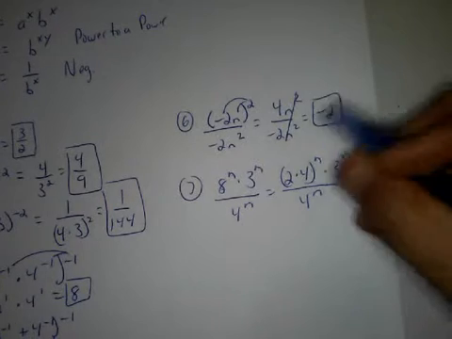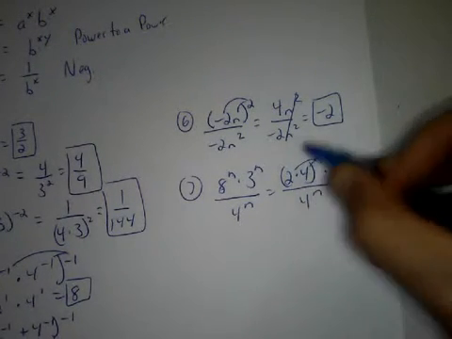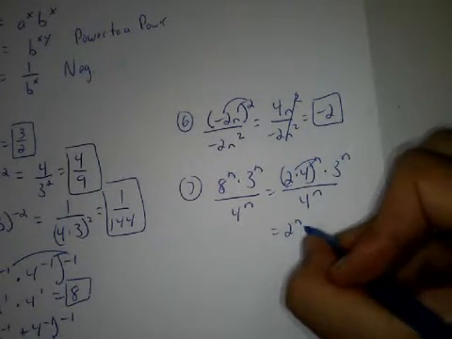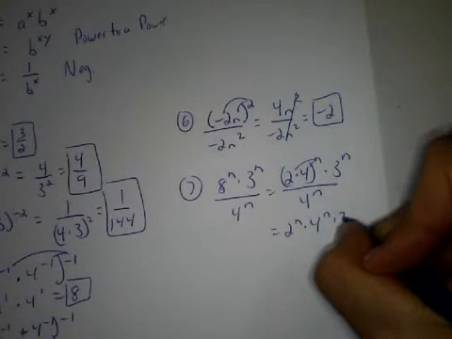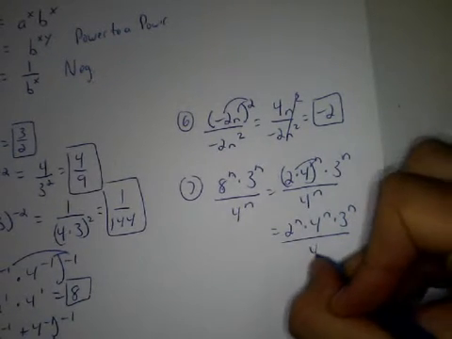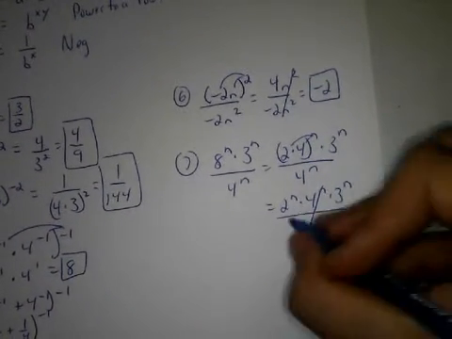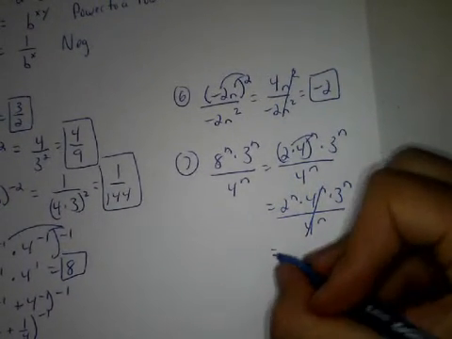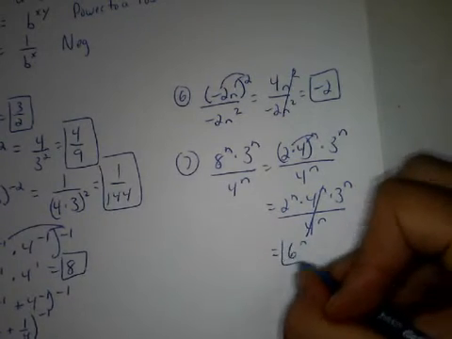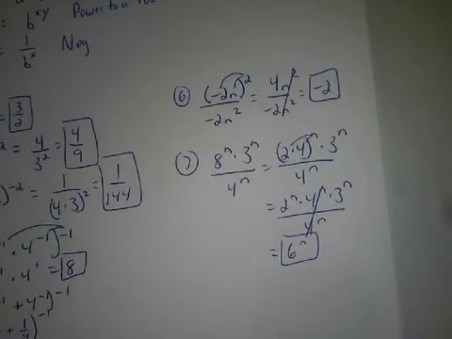And then from there, this can be distributed to become 2 to the n times 4 to the n times 3 to the n over 4 to the n, so that cancels. Therefore, you're left with 2 to the n times 3 to the n, or 6 to the nth power. This idea of breaking this up into its factors is going to become very important in this chapter.